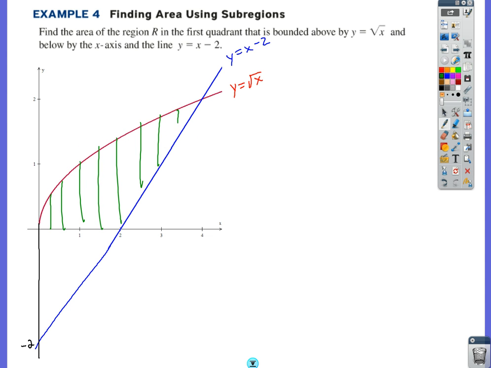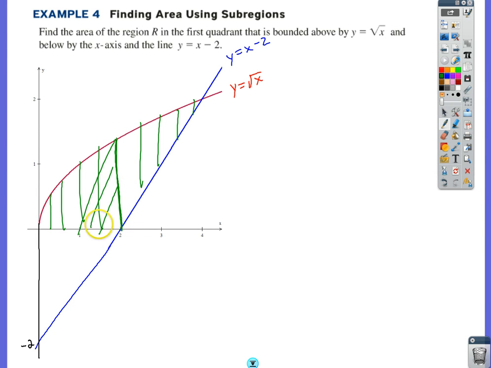I do not want this little triangle area down here. Okay? So what can I do? Well, what you can do is right here at 2.